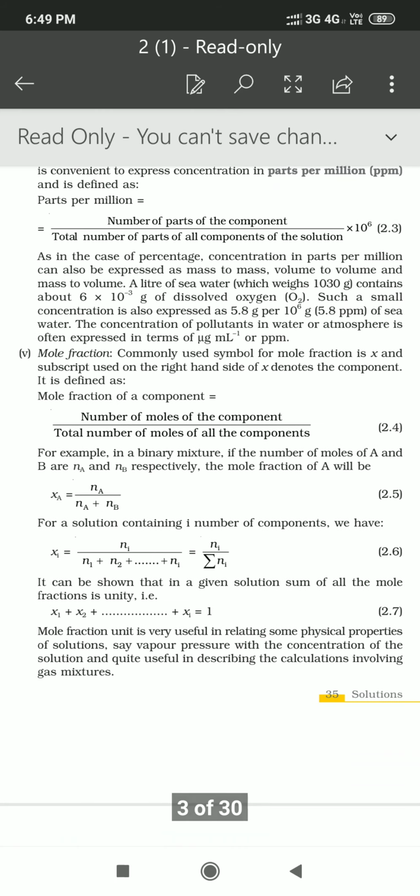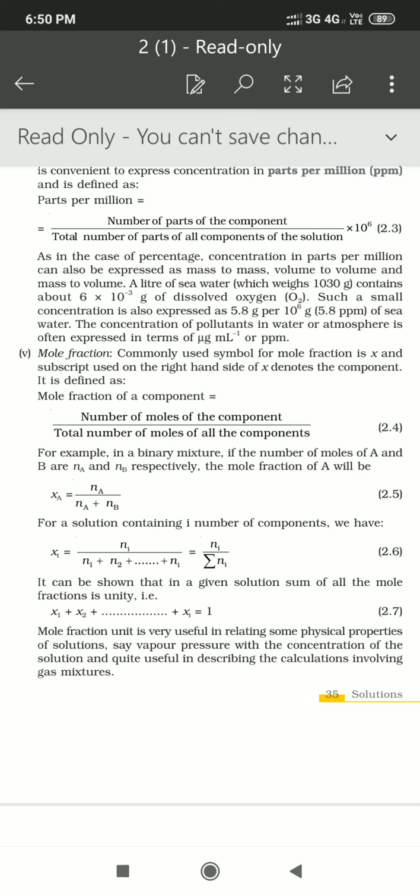The next is mole fraction. Mole fraction is expressed as X. What is mole fraction? If we have to find out the mole fraction of a component, then it is the number of moles of that particular component upon the total number of moles of all the components. A is one component, B is another component. XA is equal to Na upon Na plus Nb, where N is the number of moles.